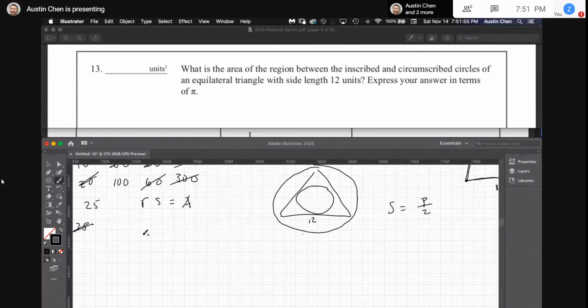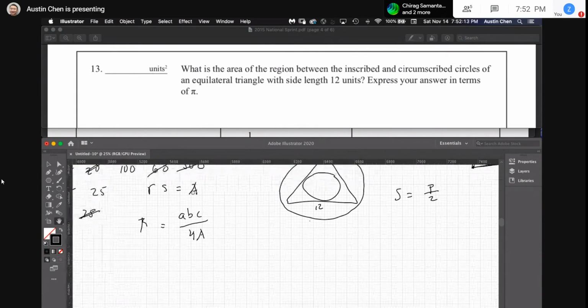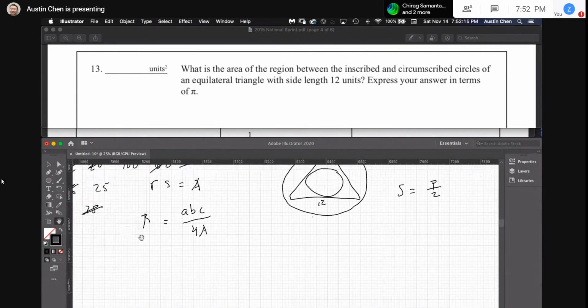With the circumradius, you have that the circumradius is equal to the sides of the triangle multiplied together, A times B times C, over 4 times the area. There's also another one with the circumradius. It's with the law of sines, kind of.